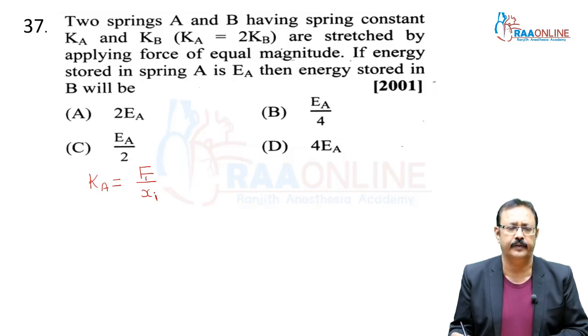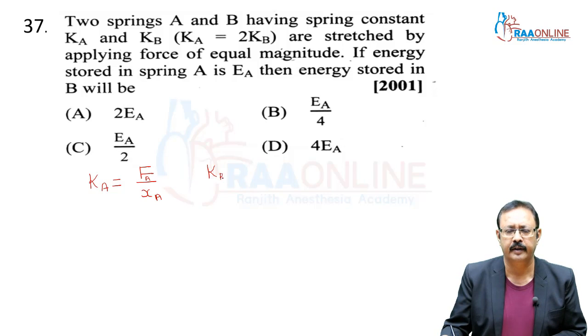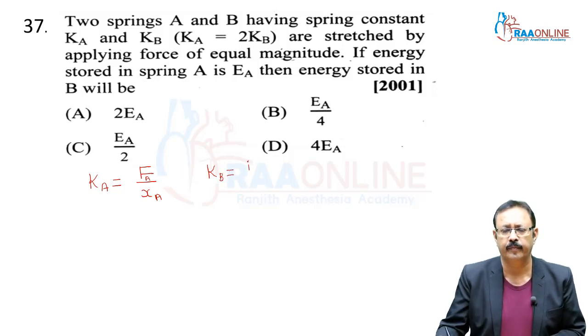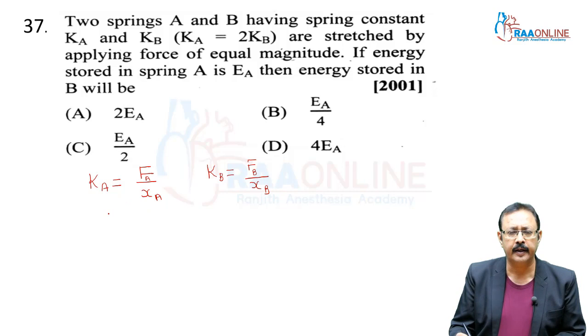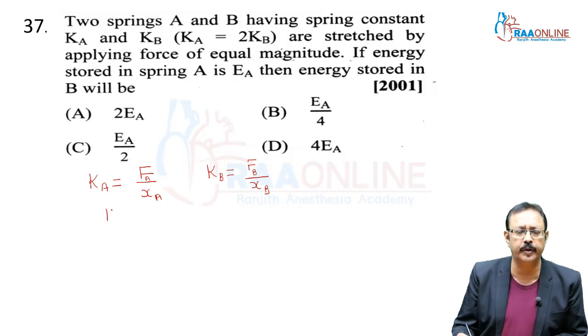For Ka, we can write Fa by Xa, the extension in the first spring. For the second, Kb is equals to Fb by Xb. What they are saying? Ka is equals to 2Kb.